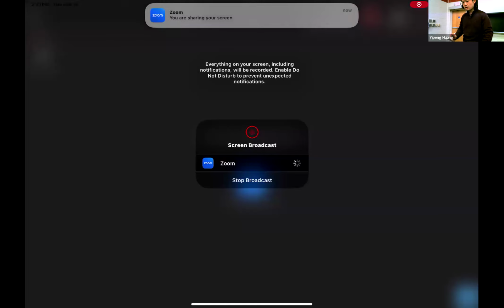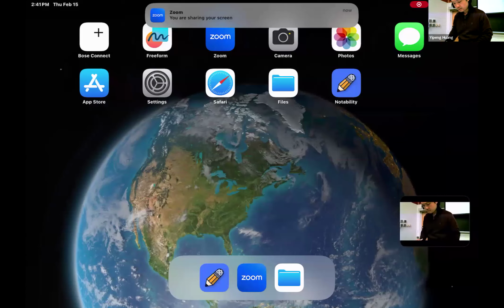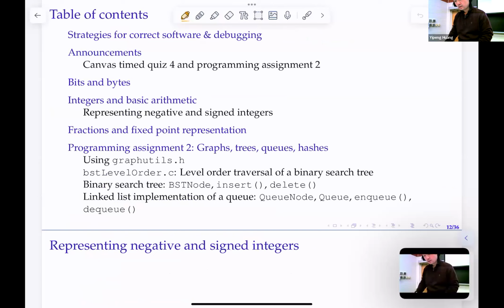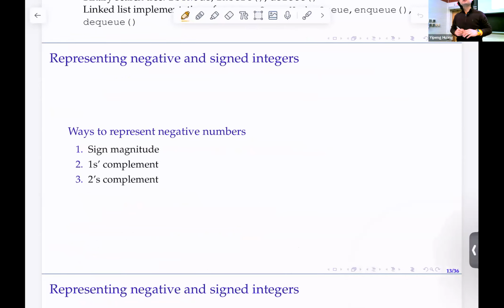What we need to do next is a discussion about how we represent signed numbers in C, and also in Java, actually.